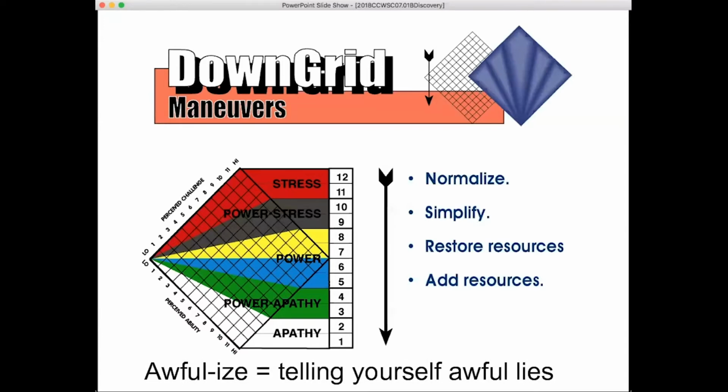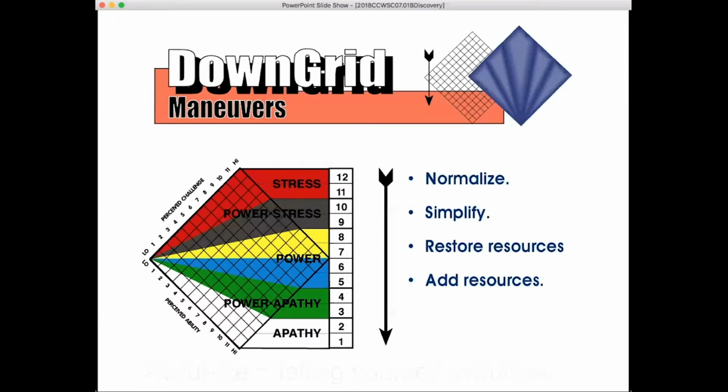But awfulize is made up of two words: awful and lies. Very often what the person is doing is creating this whole drama that is not even happening. They're telling themselves these awful lies, or putting themselves into a situation whose outcome is very, very bad, but not true. It's just filling the mind with awful lies. Yes, I like that.